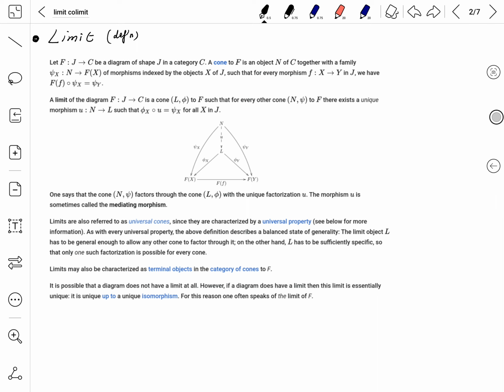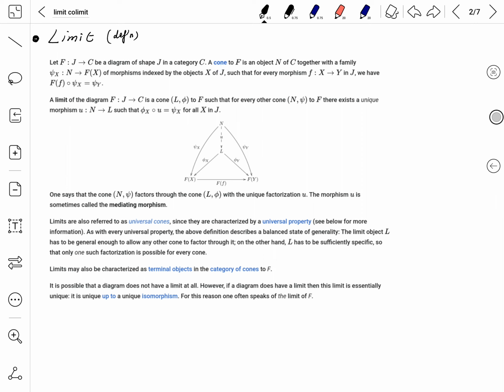Let's state the definition of limit. Let F from J to C be a diagram of shape J in a category C. As we just said, it's just a functor from J to C. C is our category in which we want to define the limit.